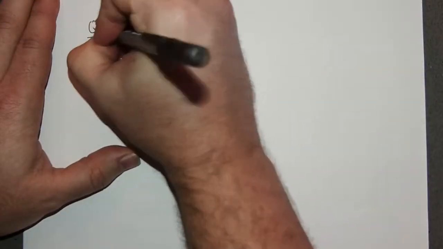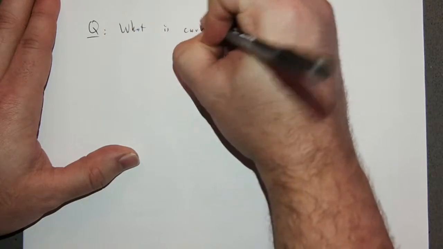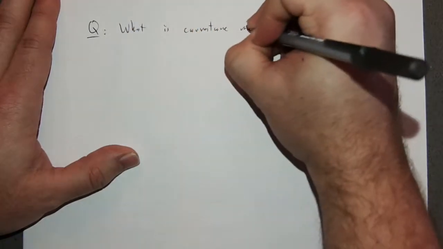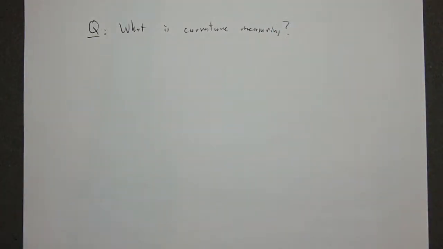Now, what is it that curvature is measuring? Unfortunately, for me to actually give you the full proof of this, it would require many lectures going off to the side, showing you what's actually happening here.